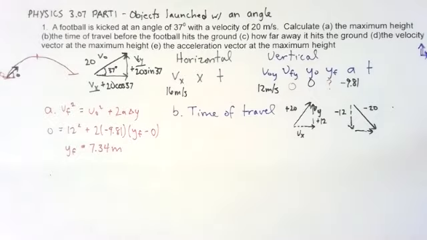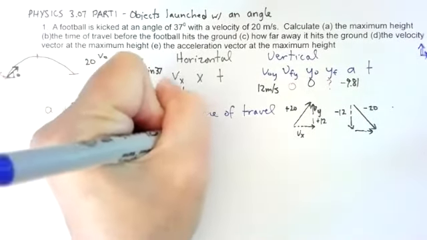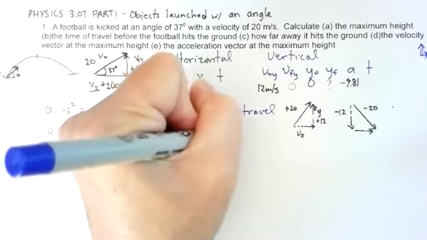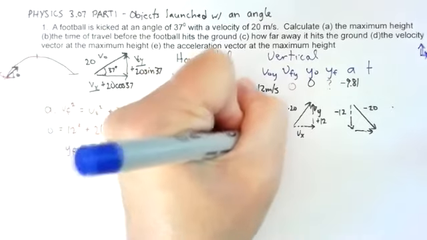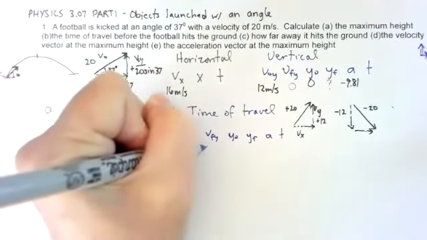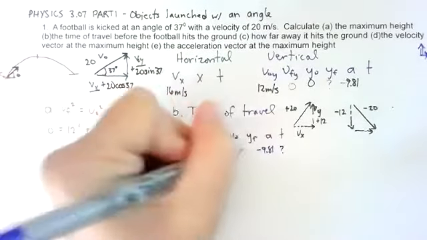So I can redo my vertical vector bank. Let's do v sub Oy, v sub final y. I'm just going to do a delta, or well, y sub O, y sub f, a, and t. This would be positive 12. This would be negative 12. This is negative 9.81, and I'm going to solve for time.